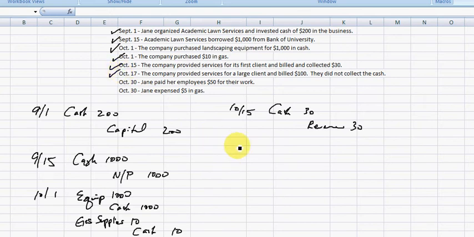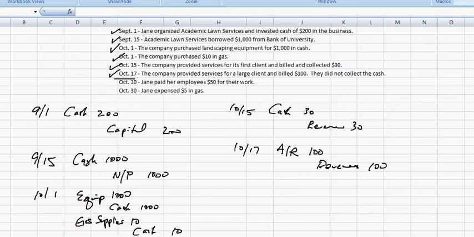October 17th, the company provided services for a large client and billed them $100. They did not collect the cash. So we're not going to have cash of $100 here, but instead we're going to have accounts receivable of $100 and revenues of $100 because of accrual accounting that was earned. We're going to go ahead and stop here at October 17th for our trial balance.